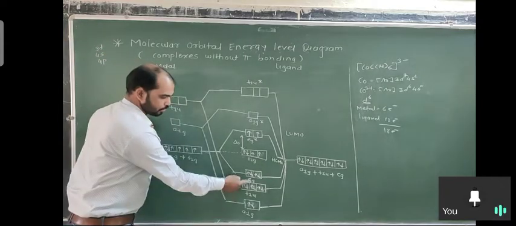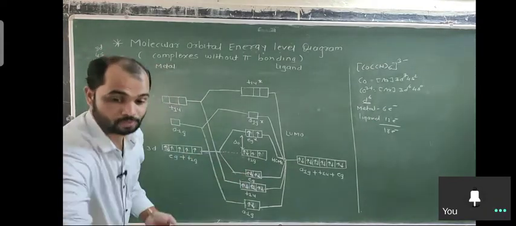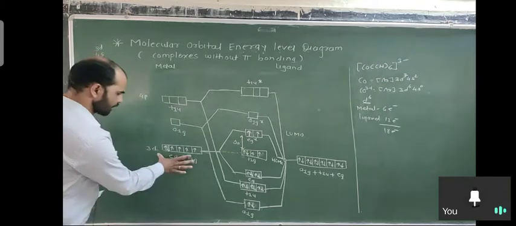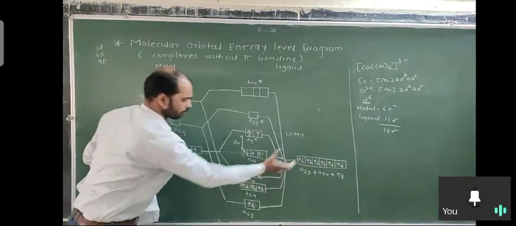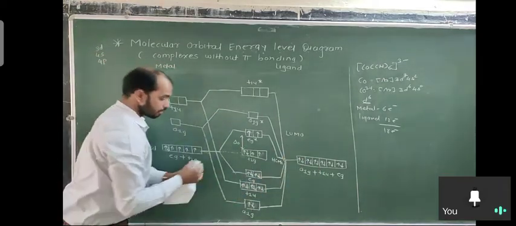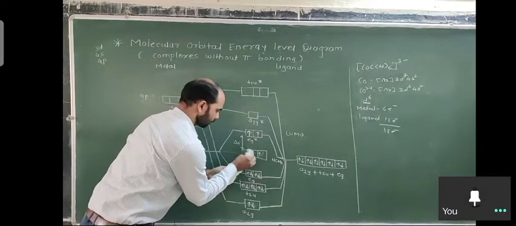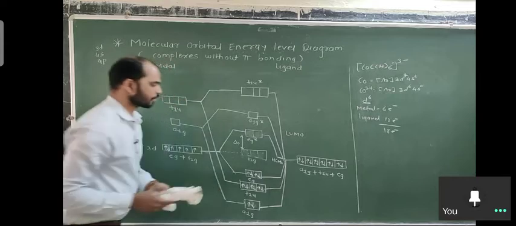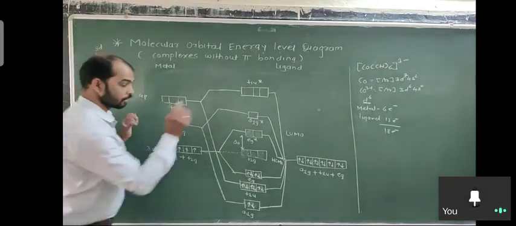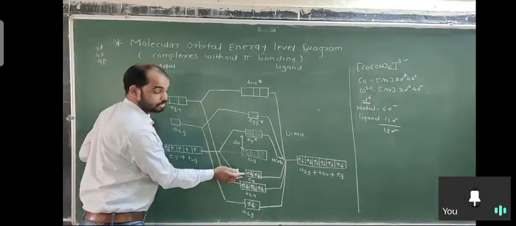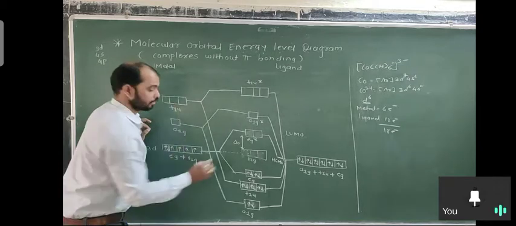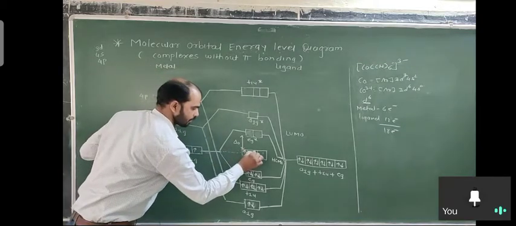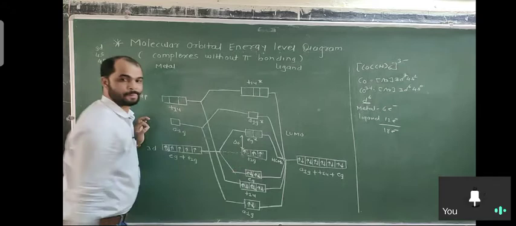So 12 electrons we fill up to this. We have remaining same thing here, 6 electrons, the 12 electrons first enter here. So 12 is here up to this. We have 6 remaining. First, second, third.